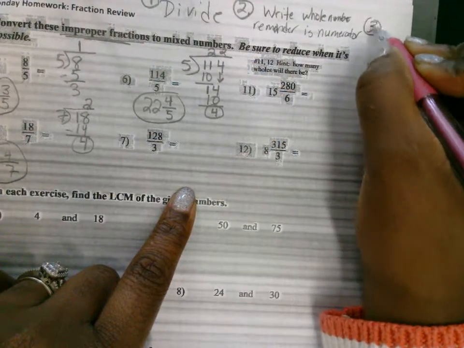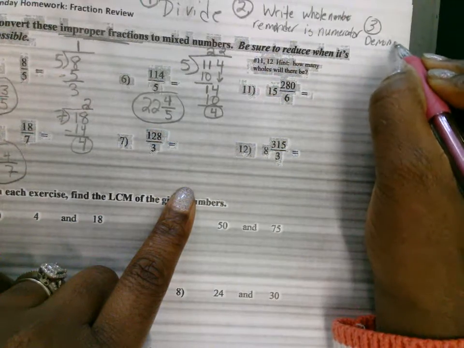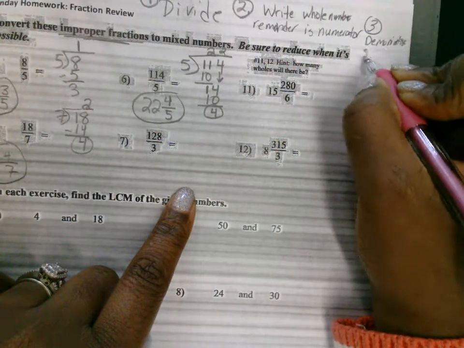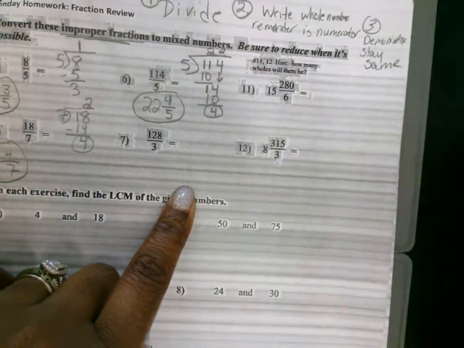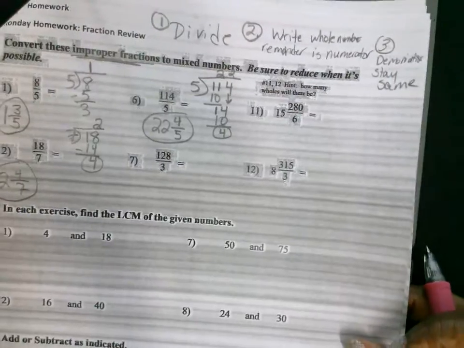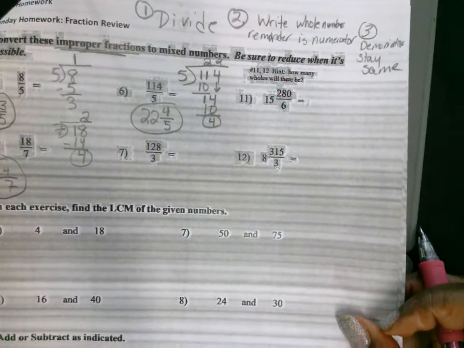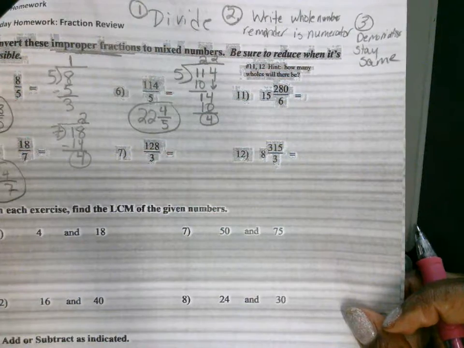Denominator stays the same. Okay, so divide, you write your whole number, okay? Whatever your remainder is going to be the numerator, the denominator stays the same, okay?